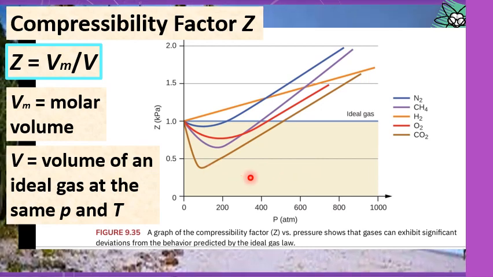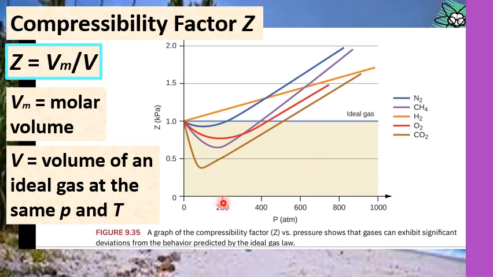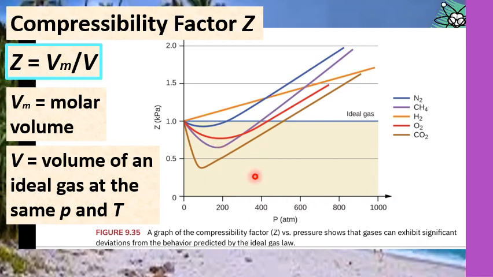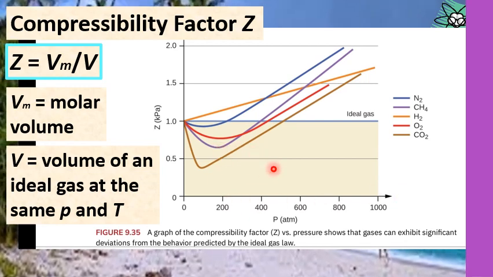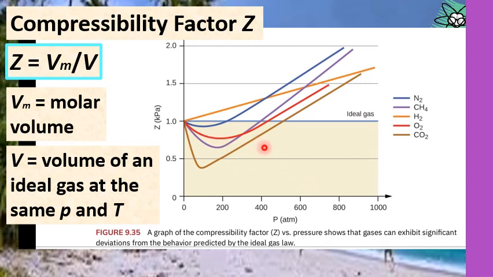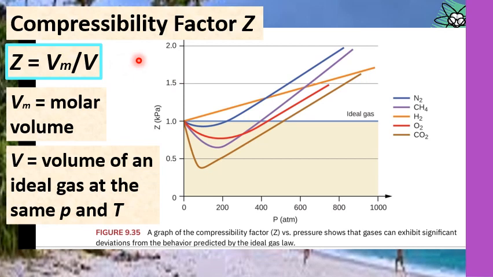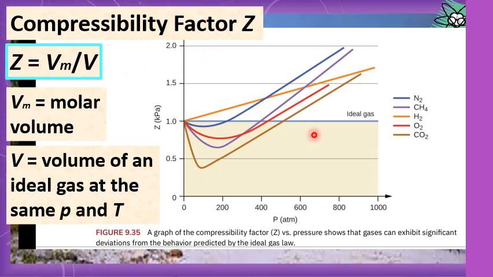And it is pretty obvious that at higher pressures, these gases tend to deviate from having compressibility factors equal to 1.